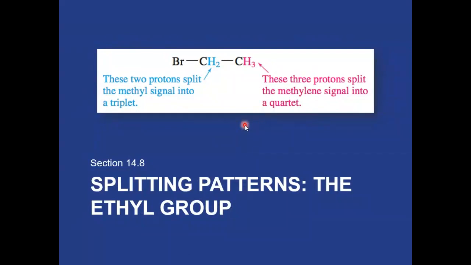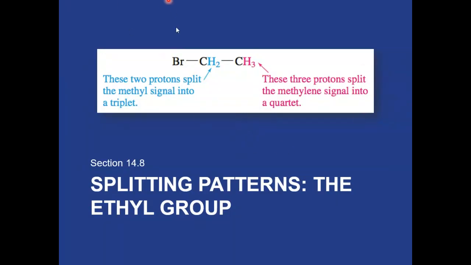All right, now let's look at this. Hopefully you have some basic understanding of how spin splitting works. The spin splitting pattern, just how many lines the signal splits into, tells us how many vicinal protons we have for a given signal.